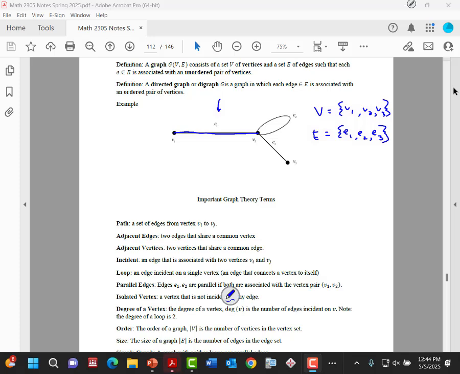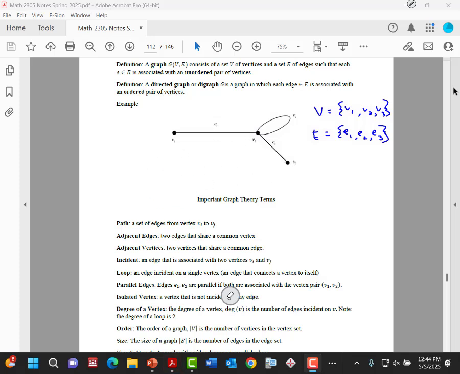Now, I could also then travel from V2 back to V2 via edge 2, or I could travel from V2 to V3 via edge 3. And so we have these vertices and these edges that make up this graph.